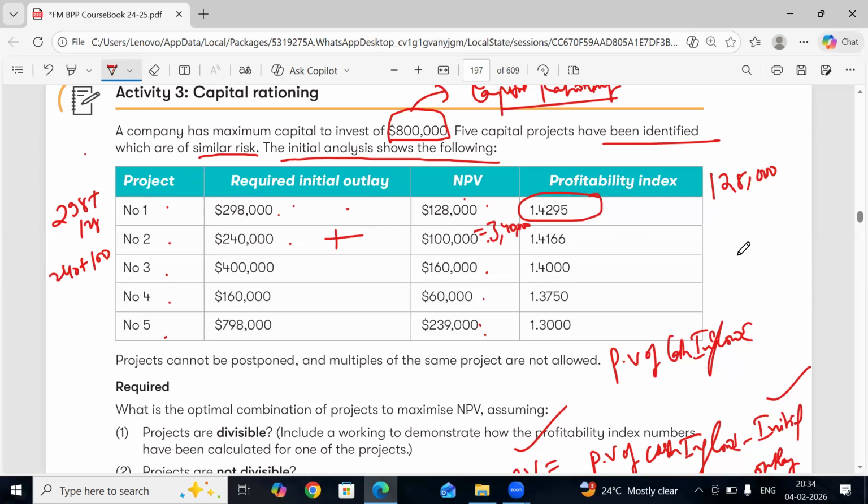I'll write it here: 5,60,000, 2,40,000. So here it is 4,26,000.